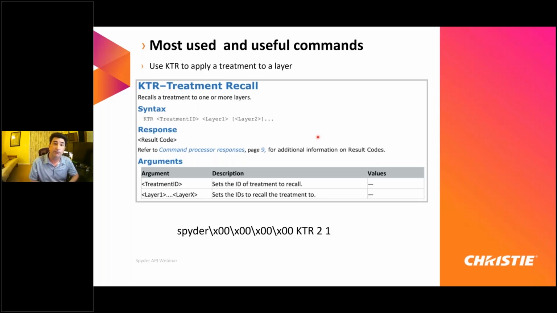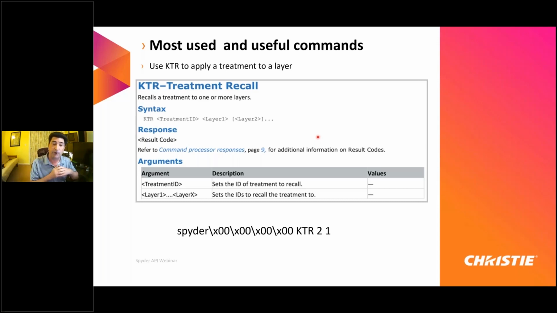And KTR is used to recall a treatment. So in Spyder, we have a special panel that we can create what we call treatments. Those treatments are basically keyframes, right, of a video layer. So that can be a border or a drop shadow or aspect ratio or the size of the video layer or the position of it on your pixel space or a combination of all of those.